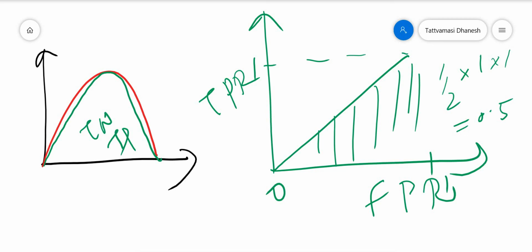So for classification problems, the performance is given by the ROC curve. When this area under the curve is near to 1, the performance is good. If it is very much less than 1, the performance is not good. So that's what we understood from this. So that's all about the ROC curve.